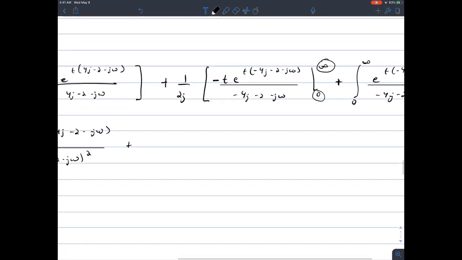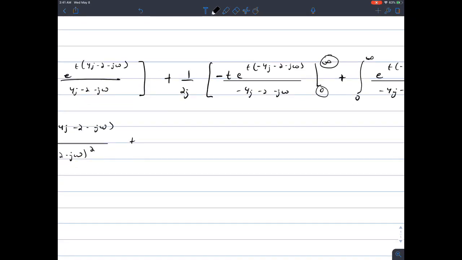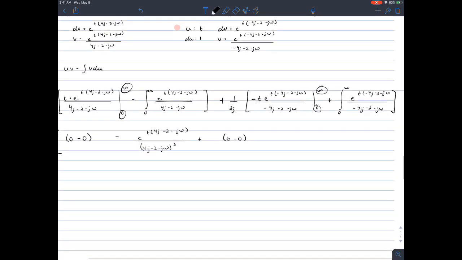And also, when you plug in 0 for t, it becomes 0, okay? So that's going to be 0 minus 0, okay? Plus, let's actually evaluate this. E to the (negative 4j minus 2 minus j omega)t, all divided by (negative 4j minus 2 minus j omega) squared, okay?